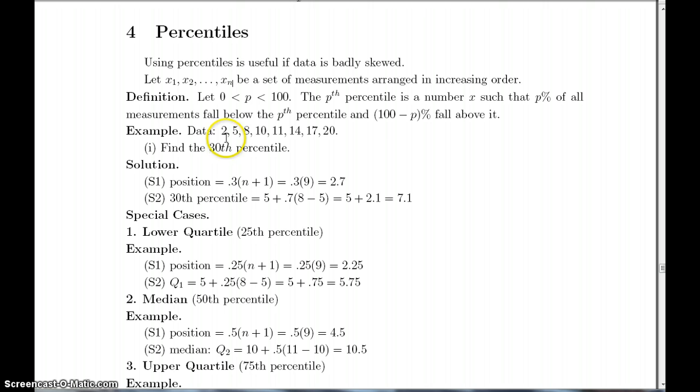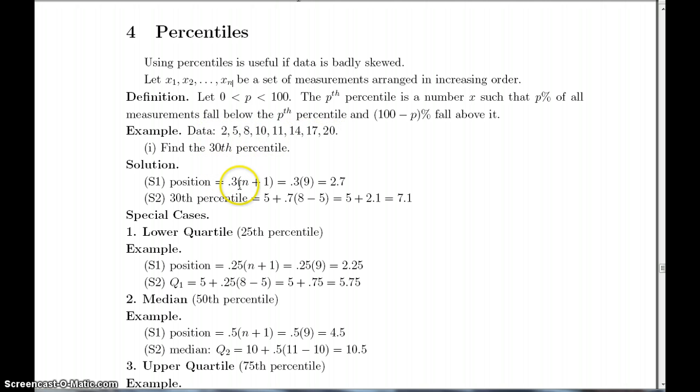So if I have this data set 2, 5, 8, 10, 11, 14, 17, and 20, you'll notice that the numbers are already arranged in ascending order. I want to find the 30th percentile, and I want to do it in two steps. First, I want to find the location of the percentile in this data.